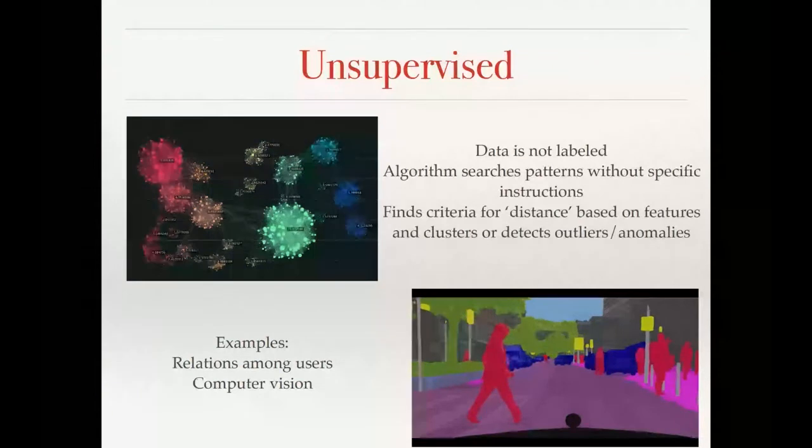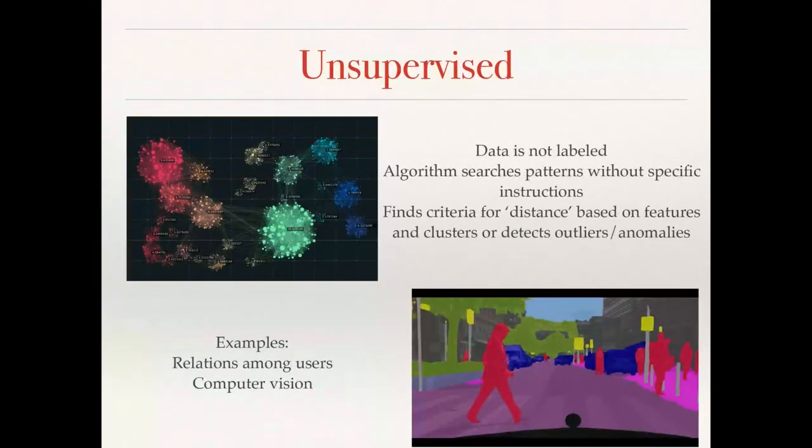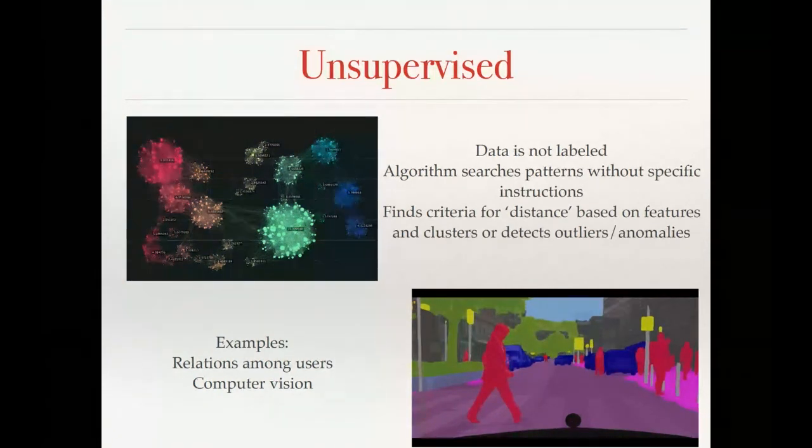I think you understand the concept of supervised learning. Label data, you learn how to identify features, and then the next time they give you a data point, you'll be able to identify or give a probability for those features. But in unsupervised, we are given data like this with no specific instruction. There is no label on the data. So what the unsupervised algorithms do is to try to find patterns without instructions.